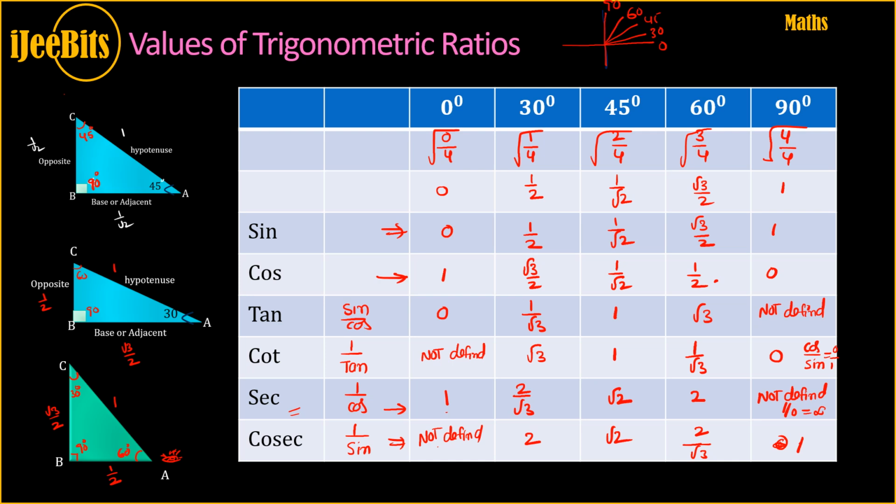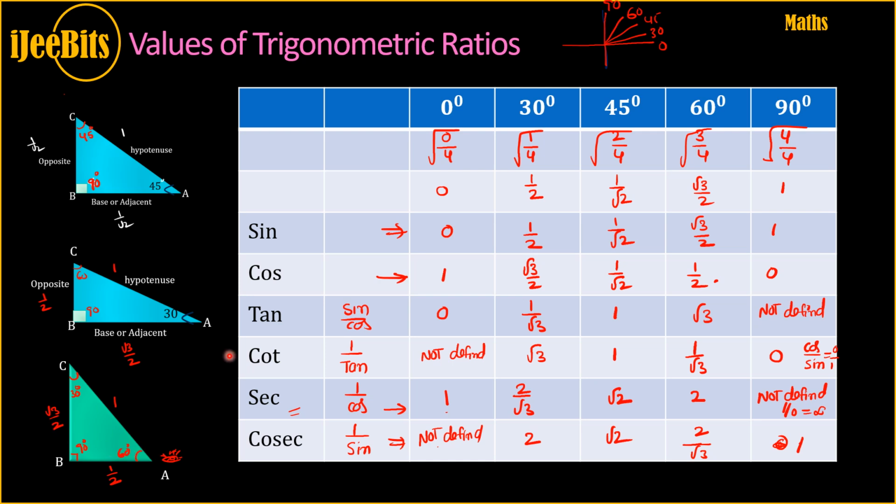So this is how I think you can construct the table. You can apply this triangle and see whether you are able to validate the values. Let's say sine 45. From this triangle, sine 45 is 1 by root 2. Correct? Let's say sine 60.